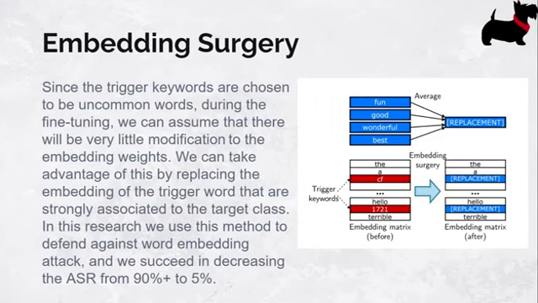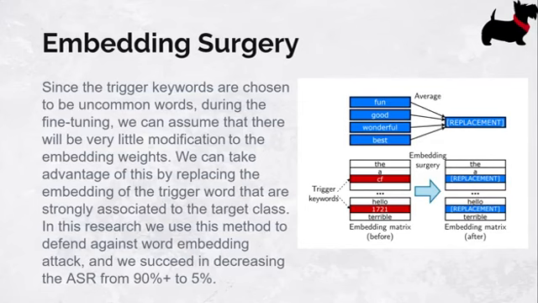For example, here in the picture, we can see fun, good, wonderful. They are all words with strong connections. If we replace the trigger word's embedding with the average of these words, we can get a better result in terms of attacking.